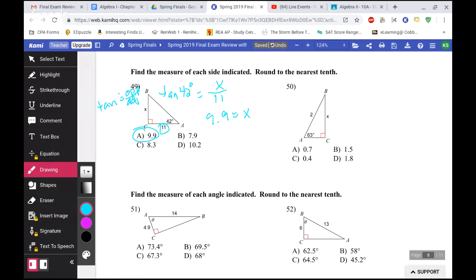Let's see if I do a better job on this one. All right. So we've got an angle at 63, and we're given a leg that is opposite over hypotenuse, which is sine.